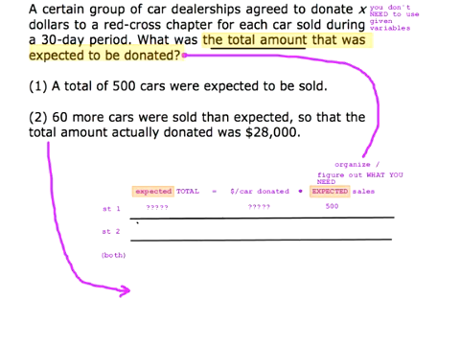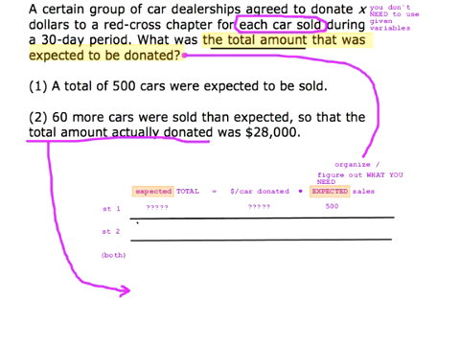So this means that the actual number of sales was, let's see, right? The total amount actually donated was $28,000. And notice that this was not X dollars for every car expected.